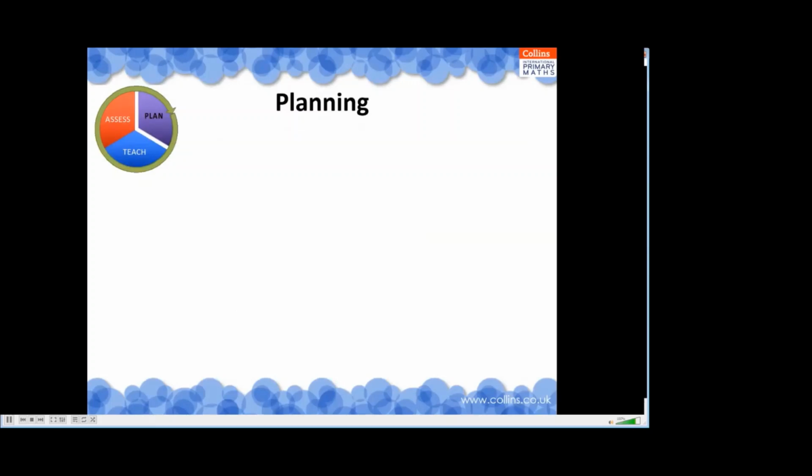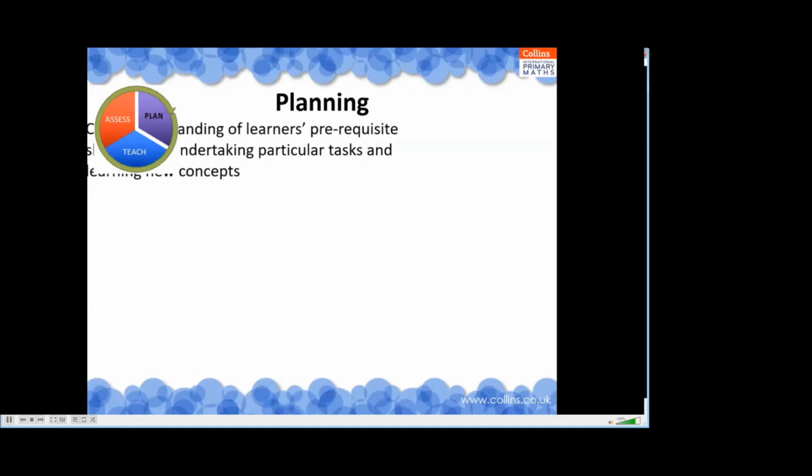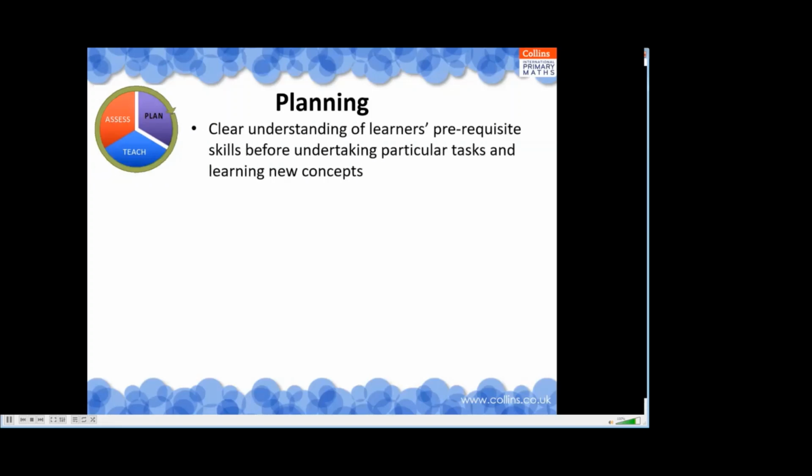The scheme supports teachers in planning a successful mathematics program for their unique teaching context and ensures clear understanding of learners' prerequisite skills before undertaking particular tasks and learning new concepts.